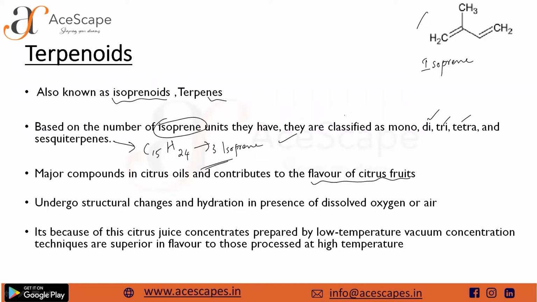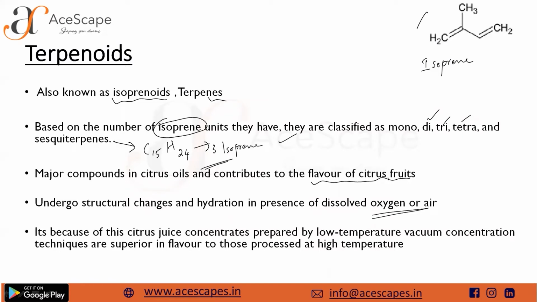It has 15 carbon atoms and 3 isoprene units. We have discussed that in the majority of our foods like lemons and other citrus fruits, the flavoring component is terpenes. These terpenes are highly sensitive to oxygen, air, etc. When these components get exposed to oxygen and air, they undergo some changes, and due to that we can observe a change in flavor.